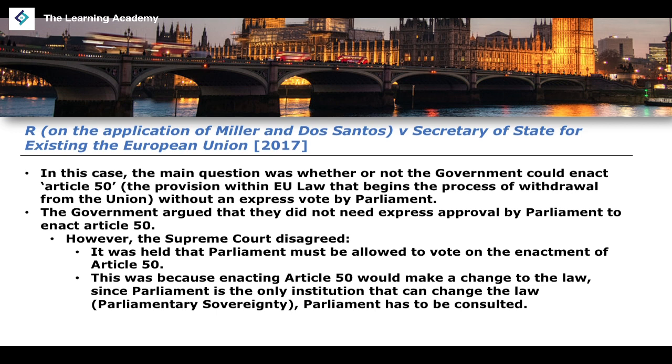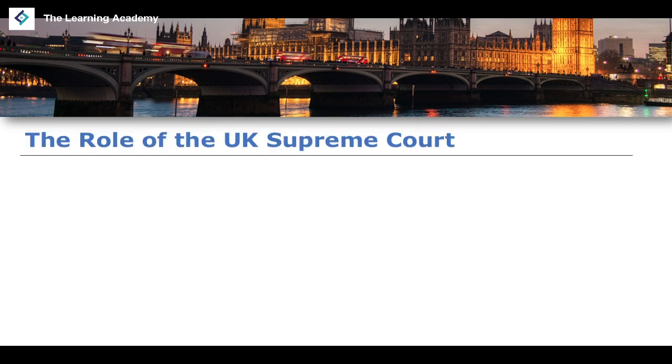And since Parliament is the only institution that is allowed to change the law, as per the principle of parliamentary sovereignty, if you want to make a significant change in the law, Parliament has to be consulted. That's the basic argument that is made in this case.